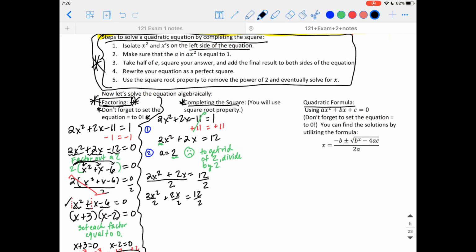Here we're going to be left with, these simplify to 1. So do these. And here I'm going to be left with x squared plus an x is equal to 6.